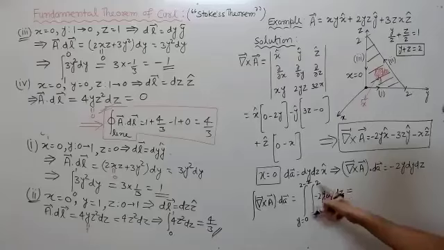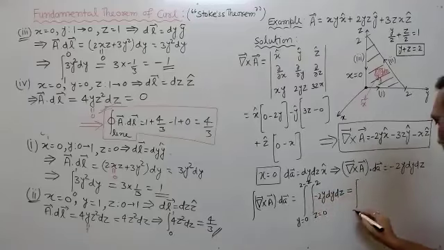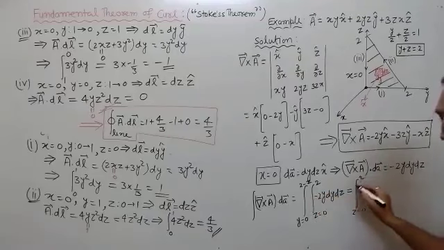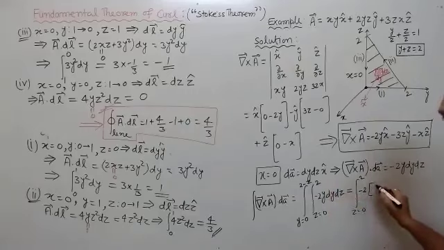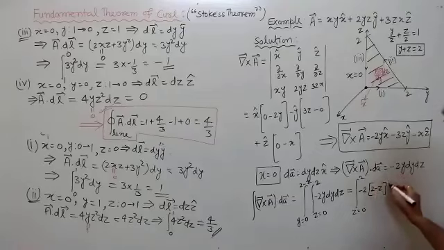Now, what will be this integral? First integrate with respect to y, z from 0 to 2. So this will be minus 2 y square by 2, and y square by 2 will give you 2 minus z whole square by 2 into dz.